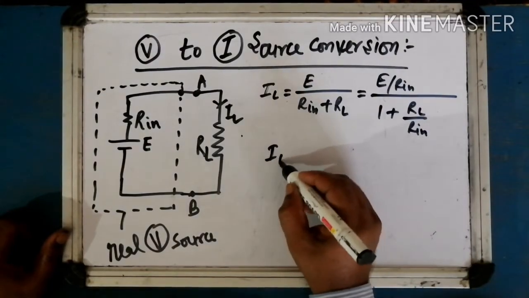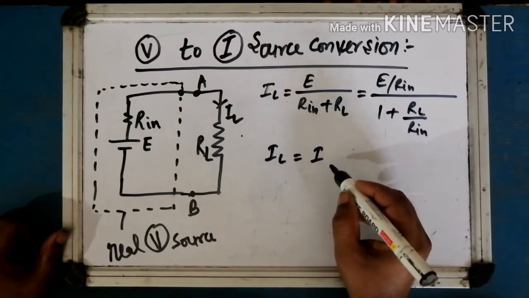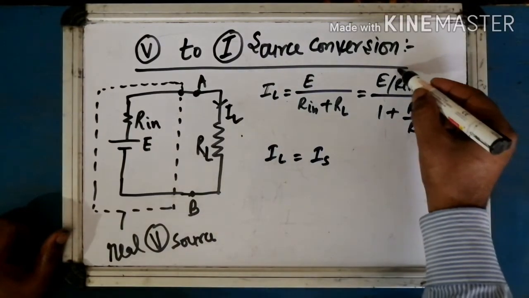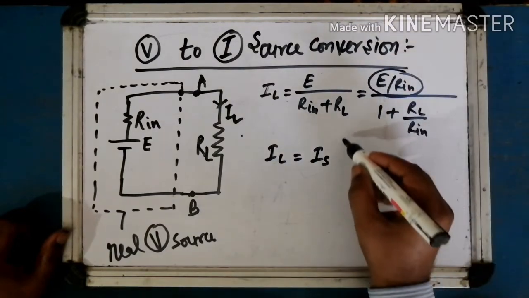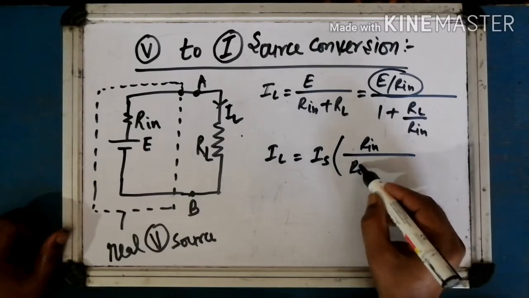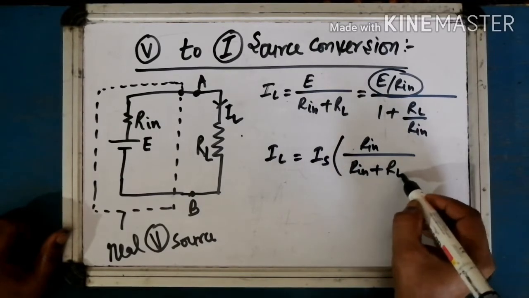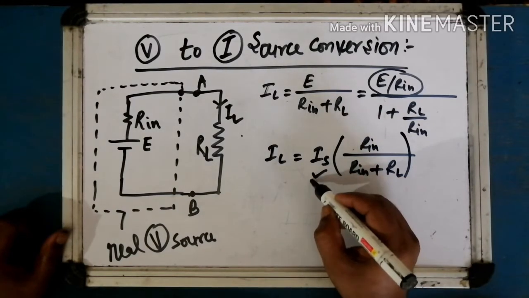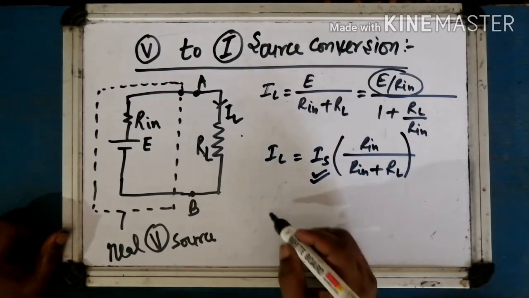So IL is equal to IS into Rin divided by Rin plus RL. Clear? So this one is known as the current source, right?